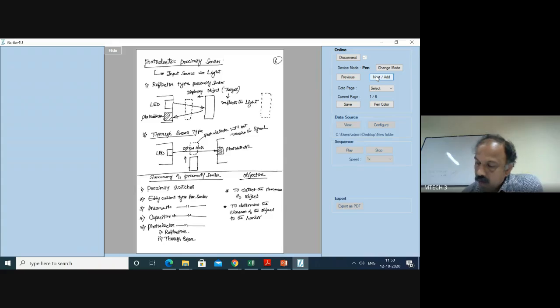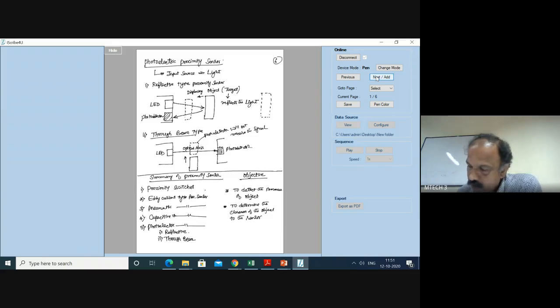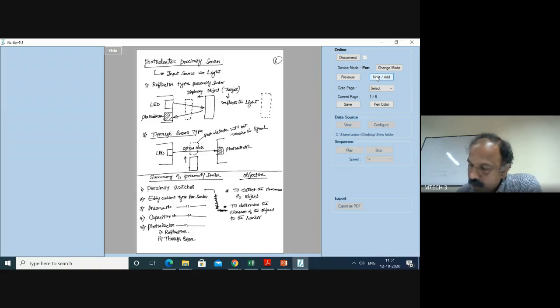Now, proximity switches are used for which objective? Quickly, I don't have time. Proximity switches are used to detect the presence of the object.